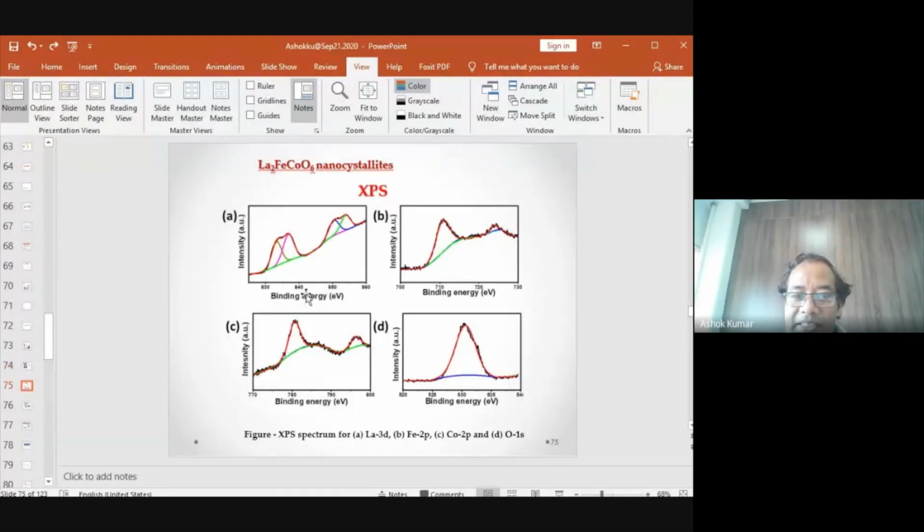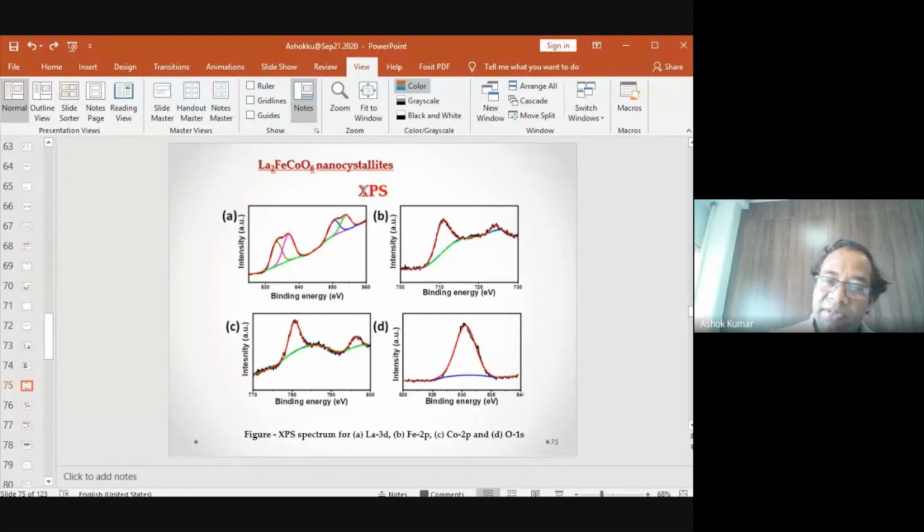And XPS, this is another technique. When we talk about nanostructured material, you understood that surface becomes very important, and surface properties also change. For example, XPS, X-ray photoelectron spectroscopy, is a very good surface characterization technique.